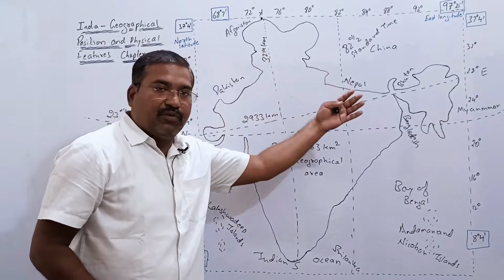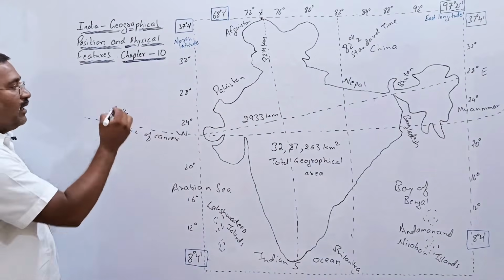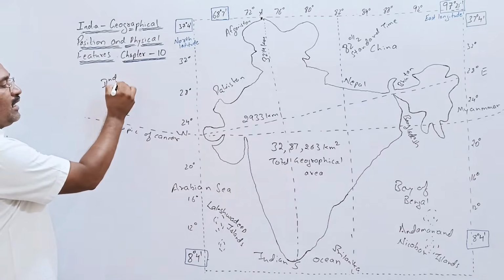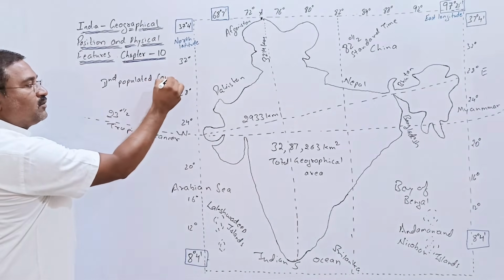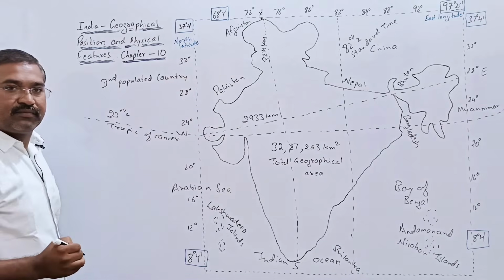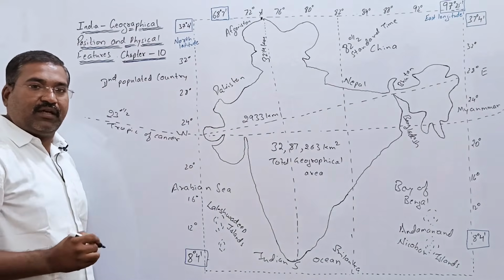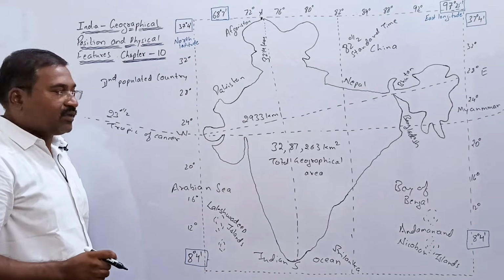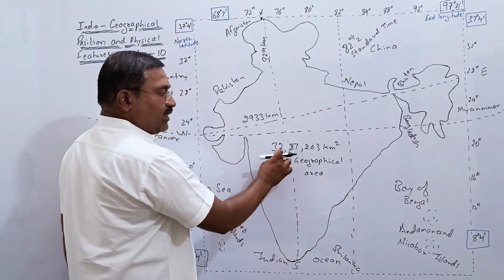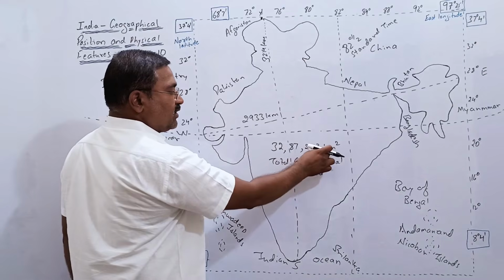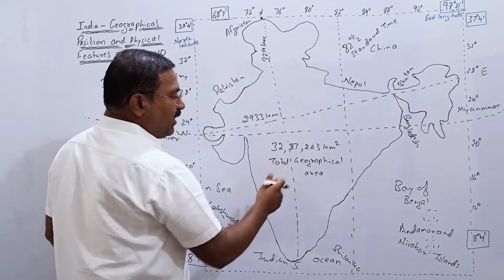Apart from this, we can get to know that India is the second most populated country after China, with the total geographical area of 32,87,263 square kilometer of area.